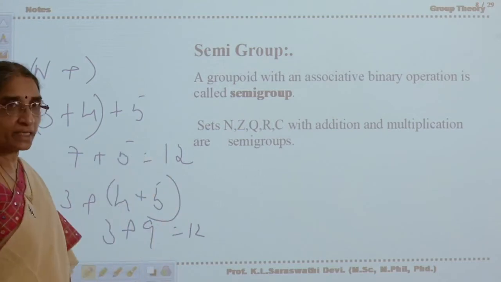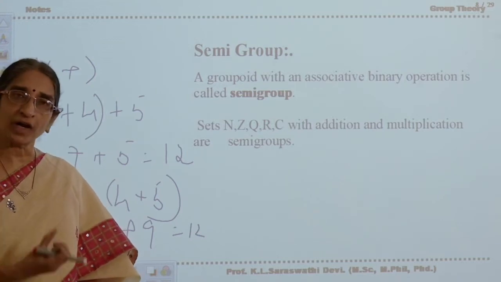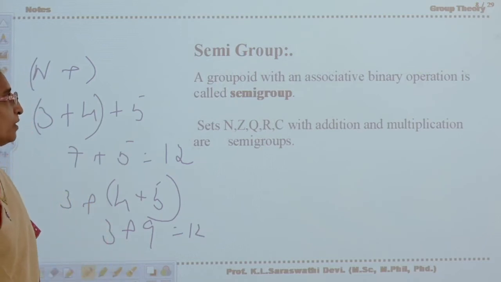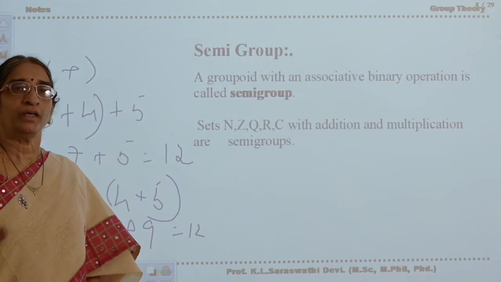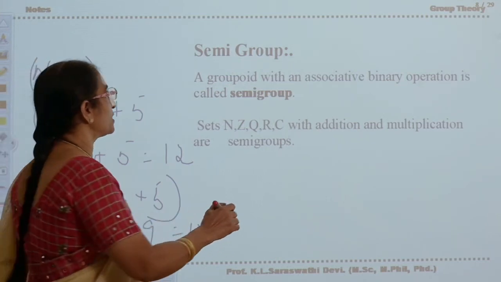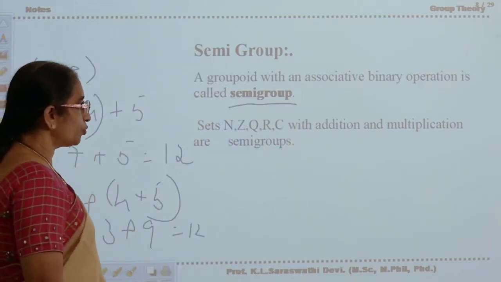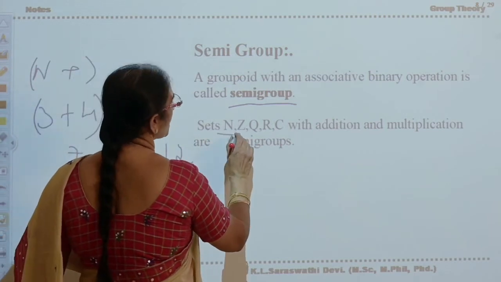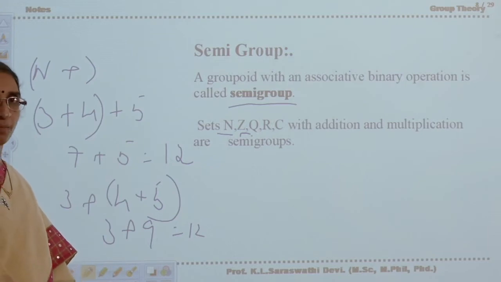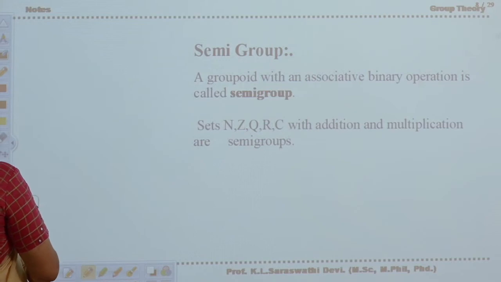Therefore, you will say that the associative property is satisfied in G. Okay. Therefore, G is a semigroup. What do you mean by a semigroup? A groupoid in which the associative property is satisfied is said to be a semigroup. The examples of semigroups are the set of natural numbers, set of integers, set of rational numbers, set of real numbers, set of complex numbers. These are all examples of semigroups.